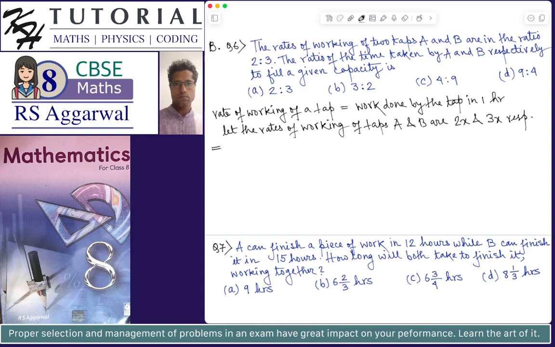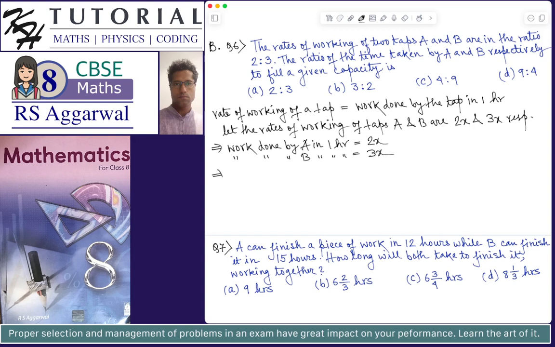So, when we are assuming this, we can say that the work done by A in 1 hour, which is basically the definition of rate of working, is equal to 2x, and the work done by B in 1 hour is equal to 3x.